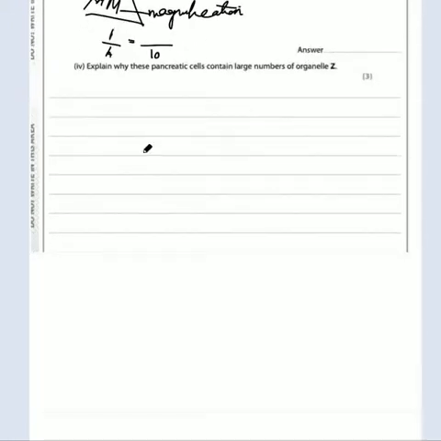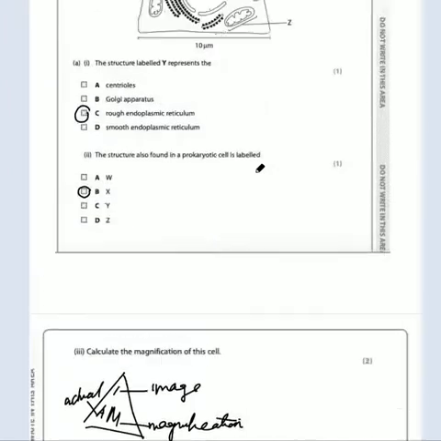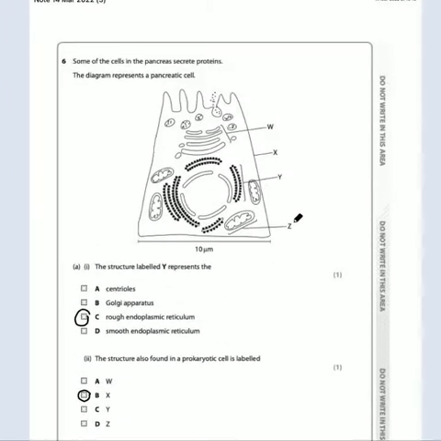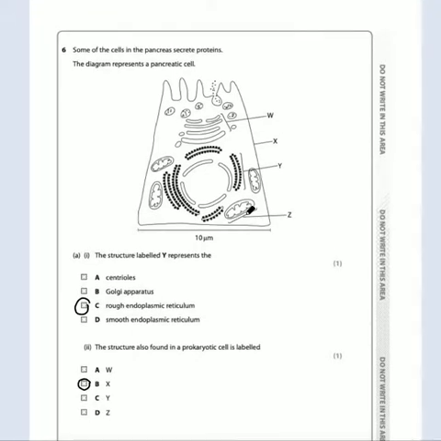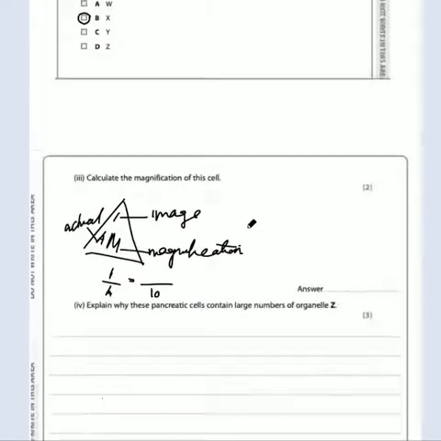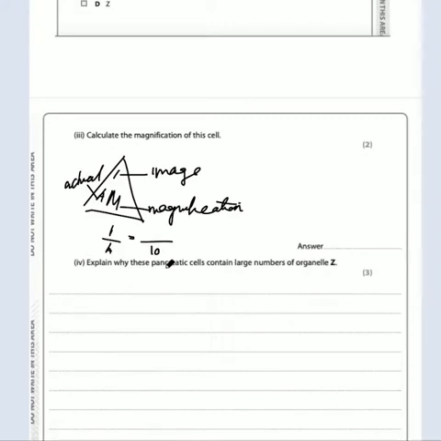Now, explain why these pancreatic cells contain large numbers of organelle Z. Okay, so if we go back, organelle Z, we said this is the mitochondria. So what this question's asking, it's not actually asking you, why does the pancreatic cell need organelle Z?